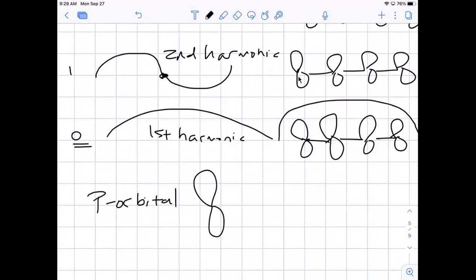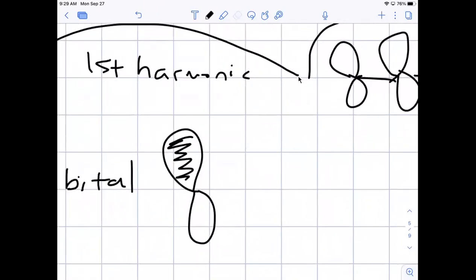And then one of those lobes has a sign and the other one has the opposite sign. Do y'all remember that from part 1? Because in between them, there's what we call a node, a place where the wave passes through 0.